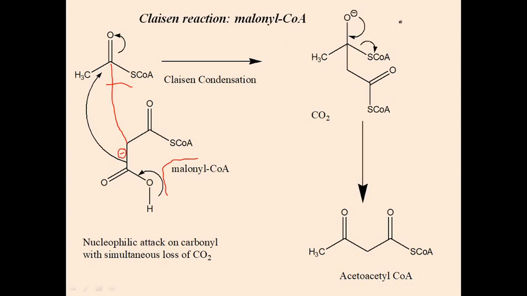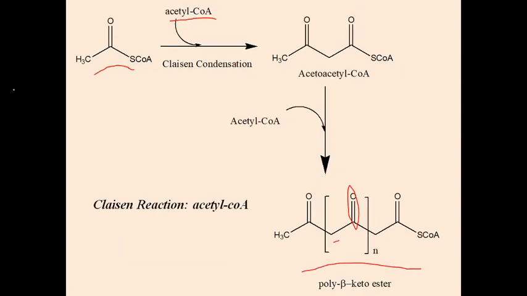The oxygen will gain a negative charge, and later this thio coenzyme A, you can call it thio coenzyme A or simply coenzyme A, gets removed as a leaving group. The negative charge on oxygen, the extra electron, will form a bond here, giving electrons to this carbon, and the double bond will form, and here acetoacetyl coenzyme A is formed. So we have shown this reaction for simple understanding, that two acetyl coenzyme A react with each other and these poly beta ketoester polyketides are formed.